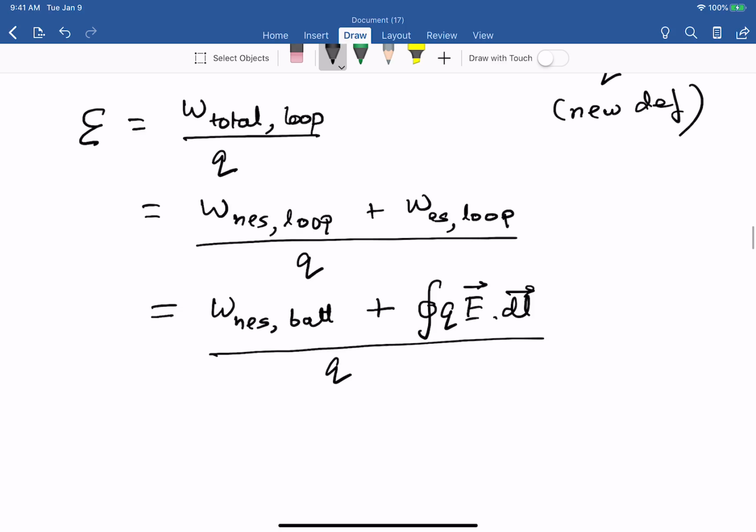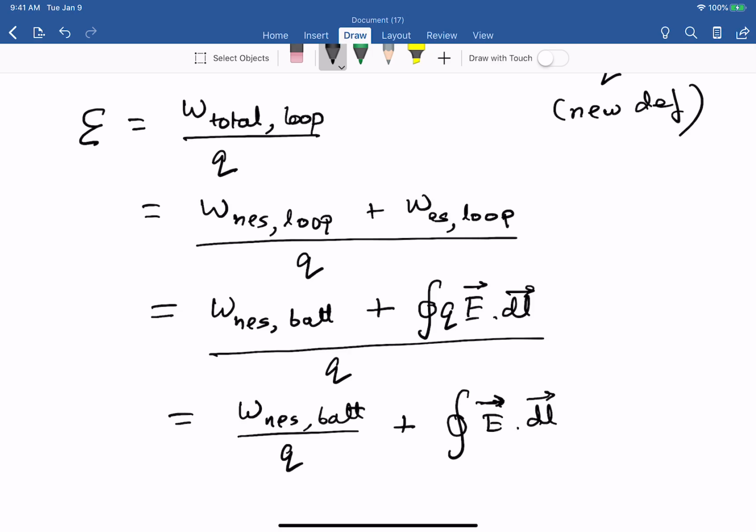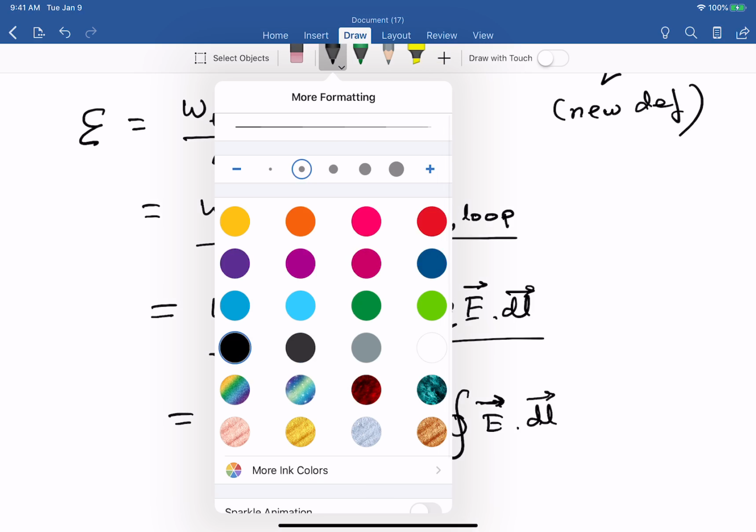All right, now the first term becomes W non-electrostatic, battery, divided by Q. And in the second term, the Q cancels out and you get the line integral of E dot dl. We have discussed many times earlier that the line integral of E dot dl is just 0 for static electric fields.